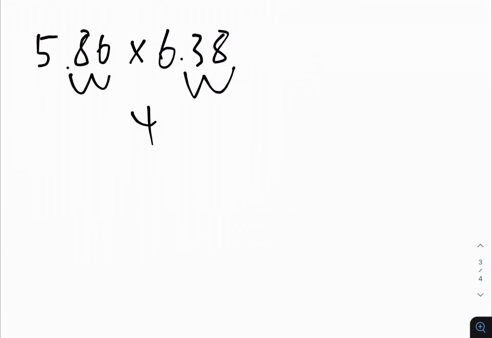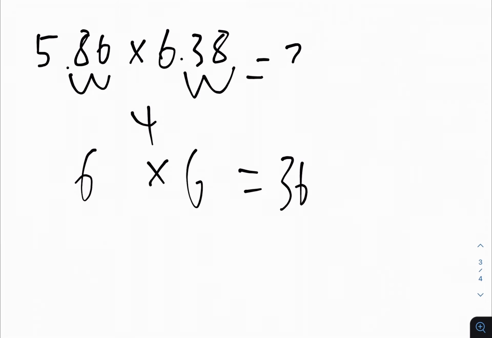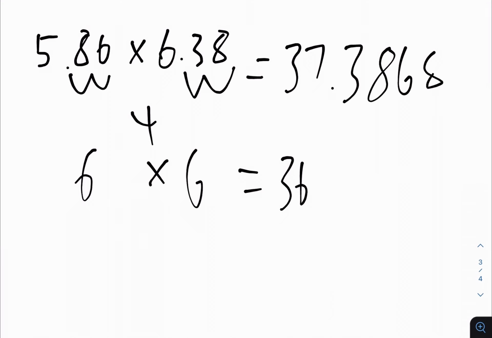So we can just estimate this as 5.86 rounds up to around 6. 6.38 rounds down to like 6 as well. So if we multiply, we get 36. And if we just do this math, 5.86 times 6.38, we get the answer 37.3868. And this is like pretty similar.